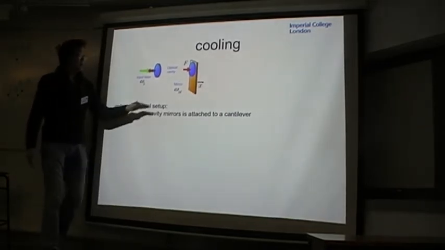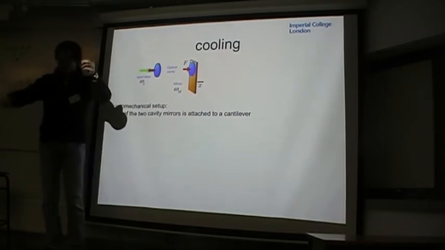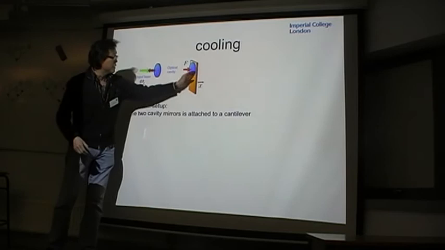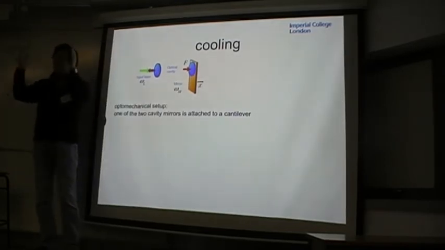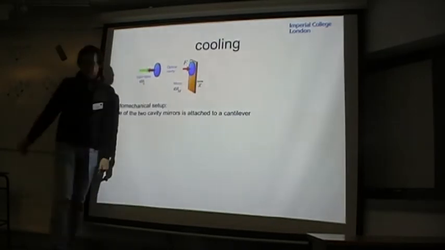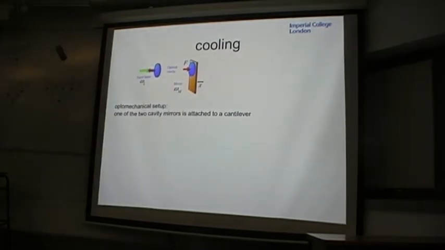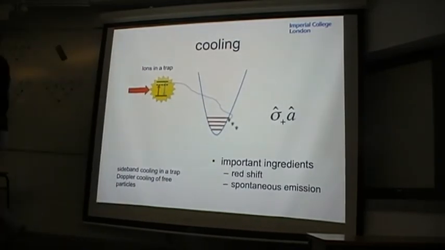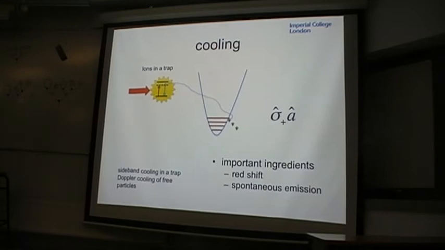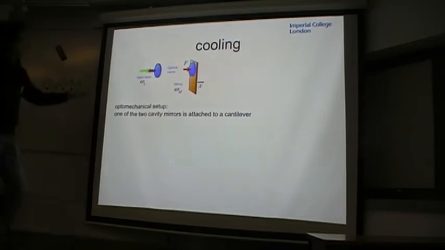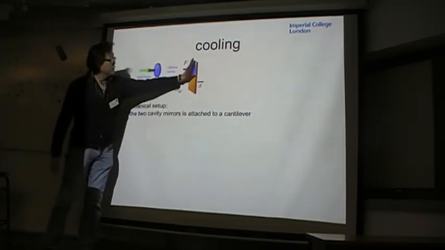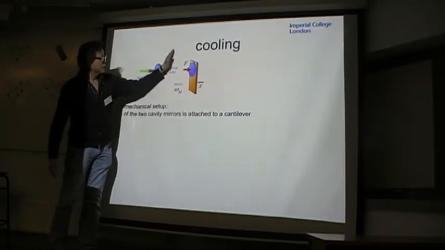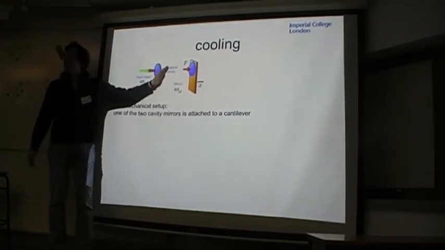So it's not the atomic motion in a harmonic potential, but the nanomechanical oscillator motion in a harmonic potential as well, because it moves like a harmonic oscillator. So the earlier slide goes into the nanomechanical oscillator. In this system, the motion here is coupled to the optical field inside the cavity.